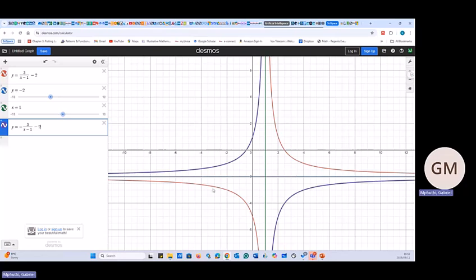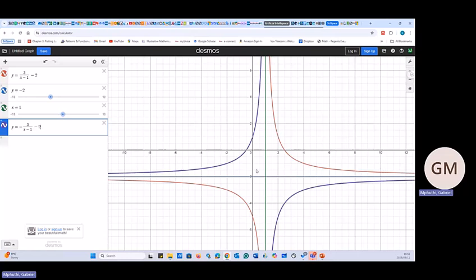Now you can see the domain and range remain the same, and also the asymptotes remain the same. But now this purple color is the transformed equation h.